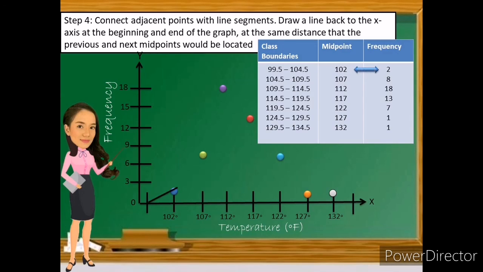So, it would go here. Then here, here, here. We just need to connect adjacent points with line segments. And it would always end on the x-axis.